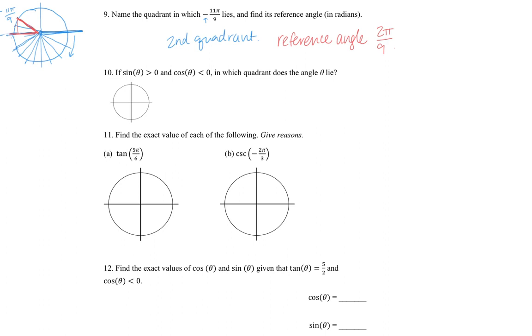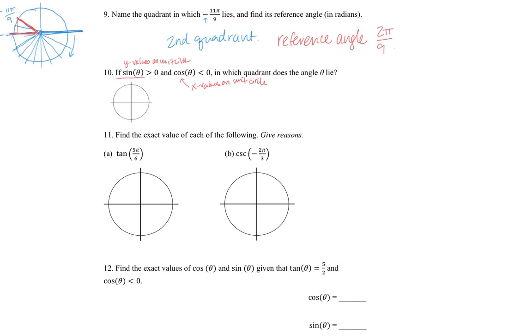Okay. So for the next one, it says, if sine is positive and cosine is negative, what quadrant does the angle theta lie in? So remember that sine has to do with the y values on the unit circle, and cosine has to do with the x values on the unit circle.